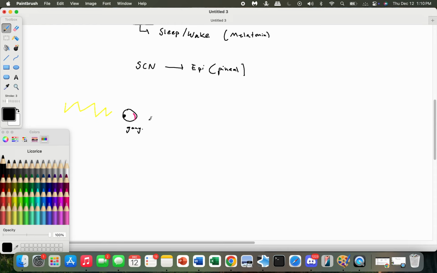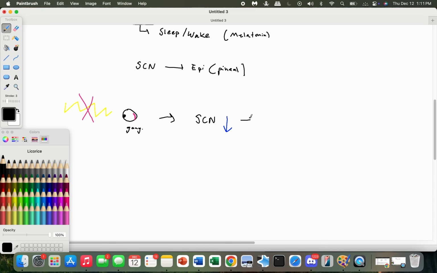When you have light, these melanopsin-containing retinal ganglion cells will send excitatory signals to the SCN. In darkness, however, or rather the absence of light, this signaling from the ganglion cells to the SCN is reduced. Okay, so when we don't have this light sensation, the signaling to the SCN is downregulated.